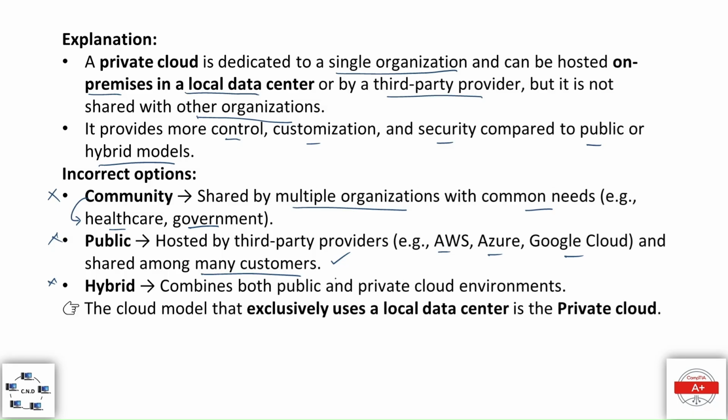So an organization can take some services from the public clouds, and they can also have their own private cloud where they host their most sensitive and secretive data. So the cloud model that exclusively uses a local data center is the private cloud.